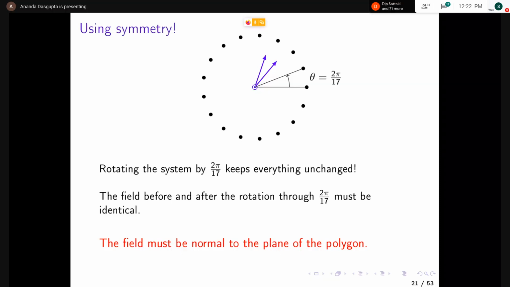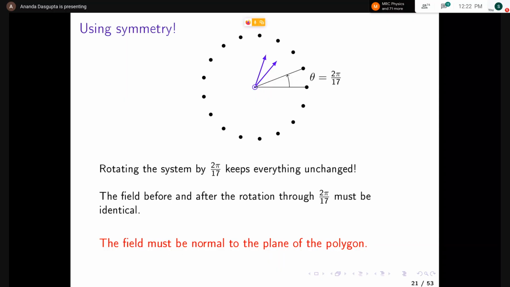Remember, we are not allowed to use that. We can only use symmetry. So the question is, can we think of some other symmetry operation which will also leave all the charges where they are, and the point where I'm trying to measure the field again at the same place?